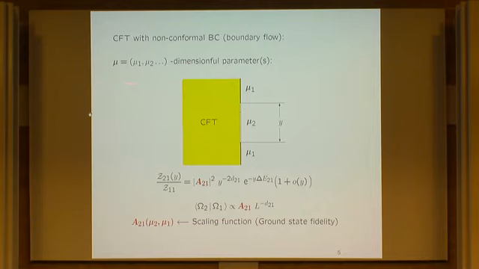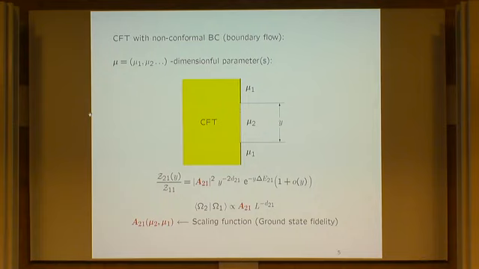The boundary condition may depend on a set of dimensional parameters, depending on the scale you're interested in. If you're interested in very large scales, then it looks like a conformal field theory with a certain conformal boundary. This conformal boundary condition can be understood as a flow from an ultraviolet conformal boundary condition to an infrared conformal boundary.